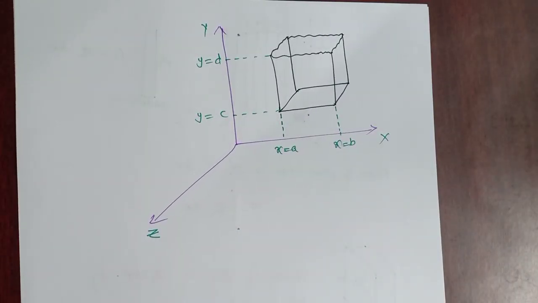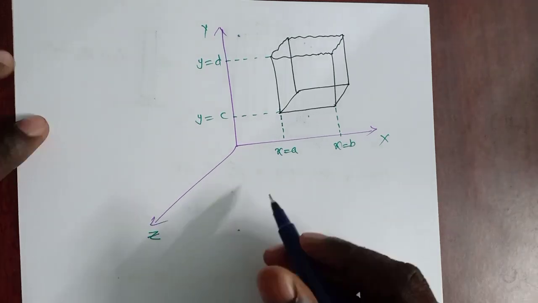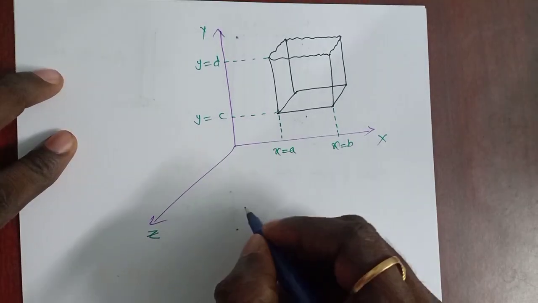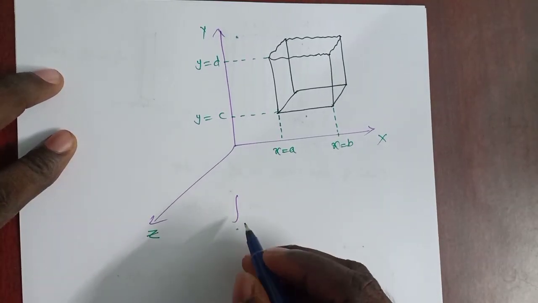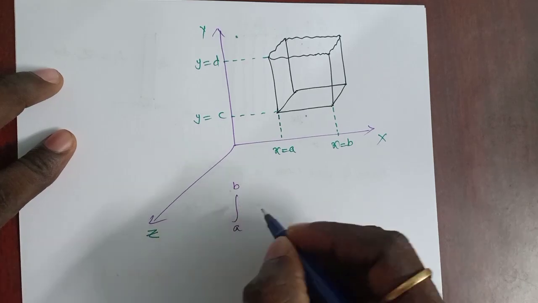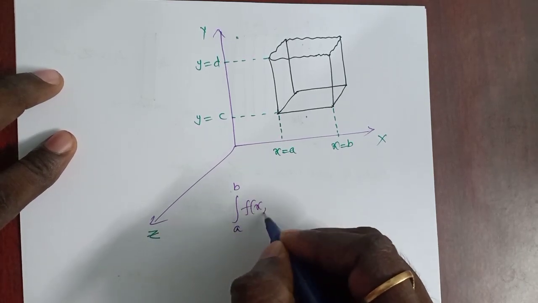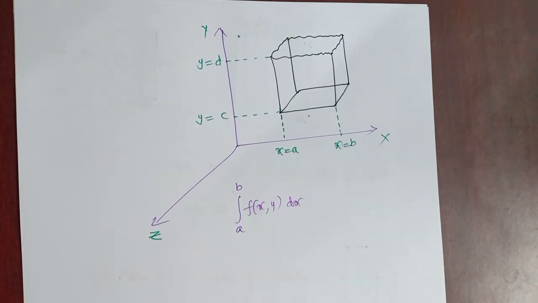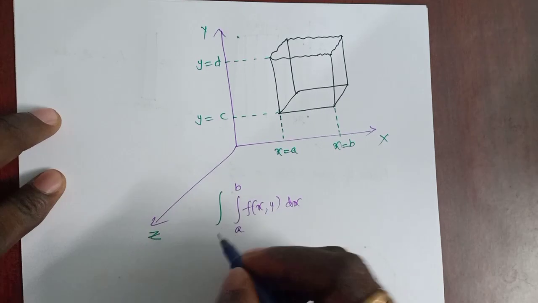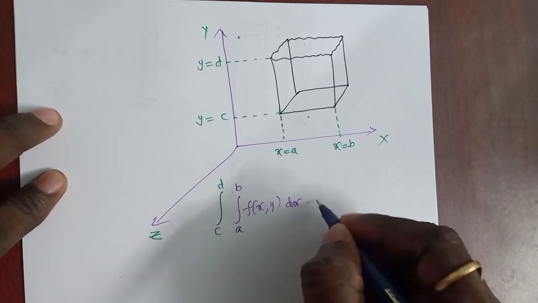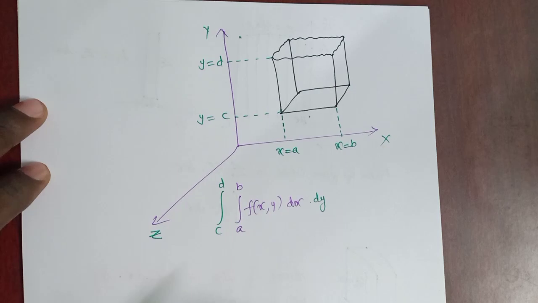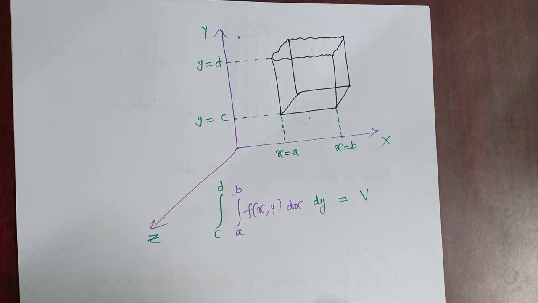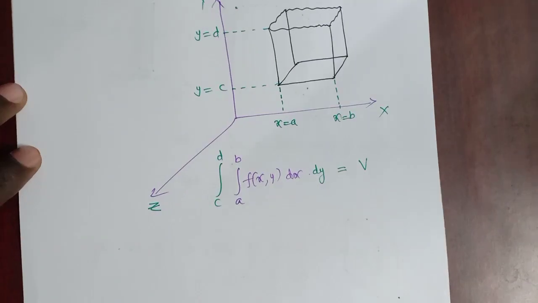We have double integration: the integration from a to b of the function in terms of x and y dx, and the integration from c to d into dy. This is what we need to find the volume under the surface.